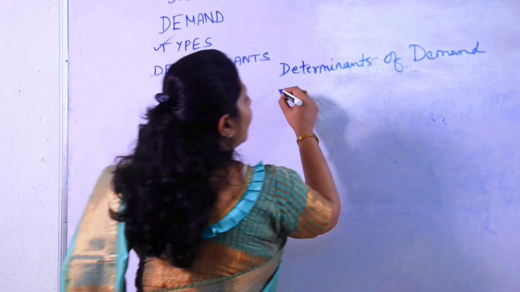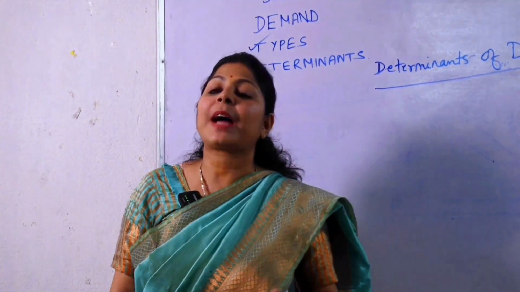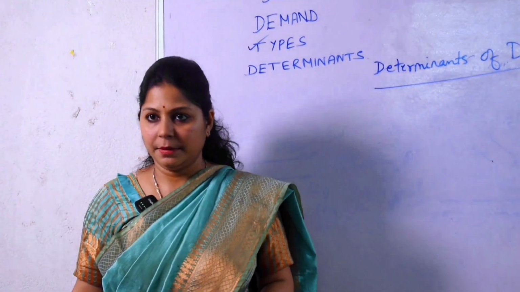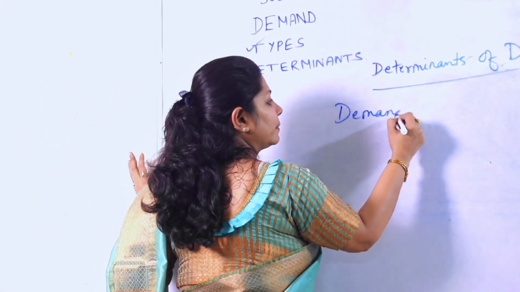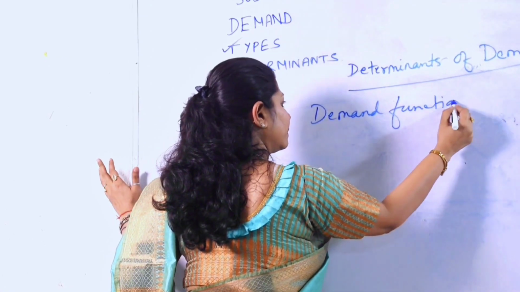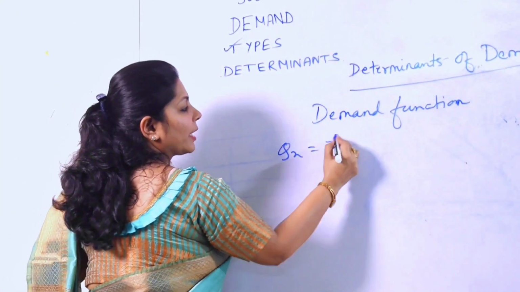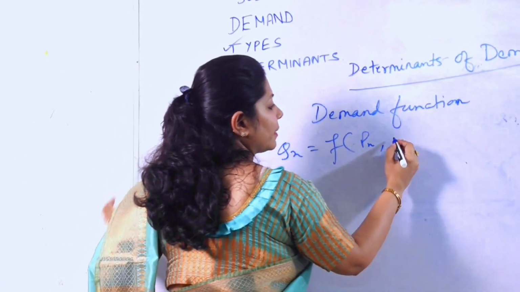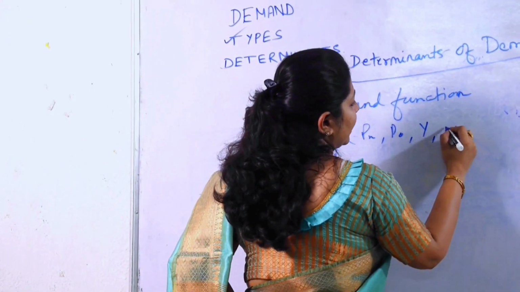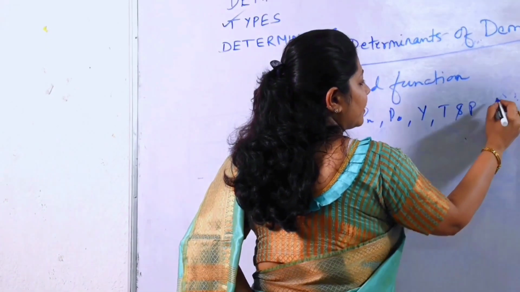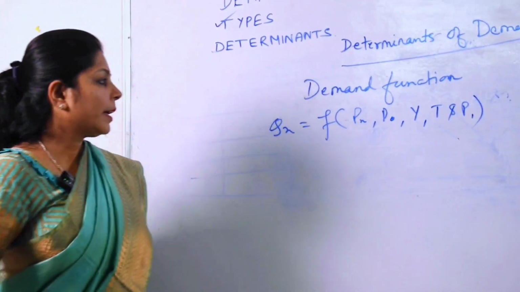Now, determinants of demand. What do you mean by determinants? Determinants means the factors influencing the demand, right? So there is a demand function over here. That is, Qx is equal to a function of Px, then Po, then income, taste and preference, and so on. Clear?